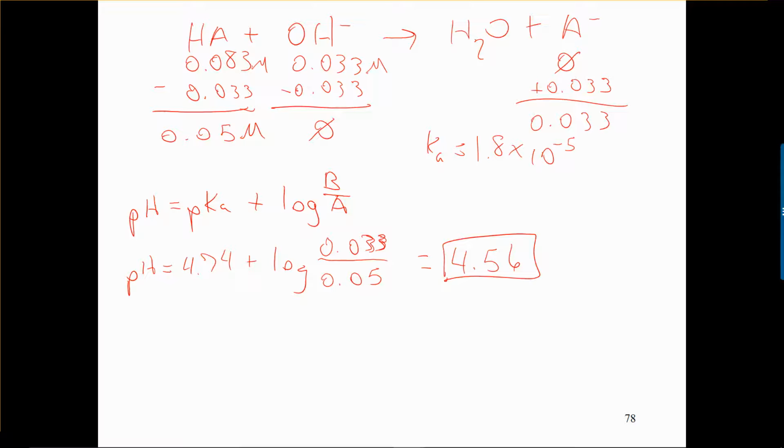I don't think we're there yet, right? Yeah, I don't think so. That's too low. This time it's going to be more base over acid, and so it should be above 4.76.